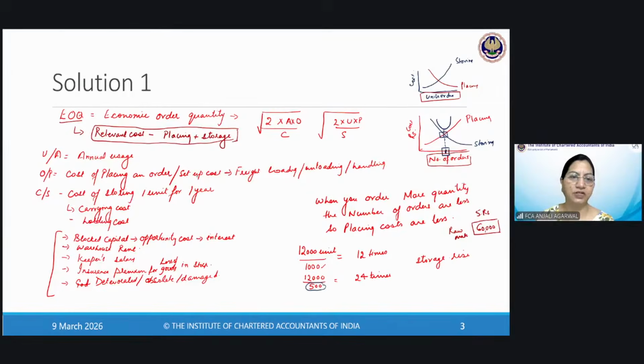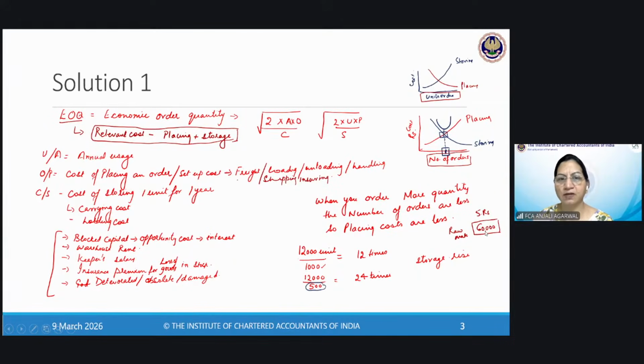The insurance, ship freight, loading, and shipping will be added in placing or ordering cost only. So 12,000 units into 5 is 60,000, and you are incurring 60,000 in one go. If you order 6,000 units, you have to pay 6,000 into 5, 30,000, but you have to pay 30,000 twice.